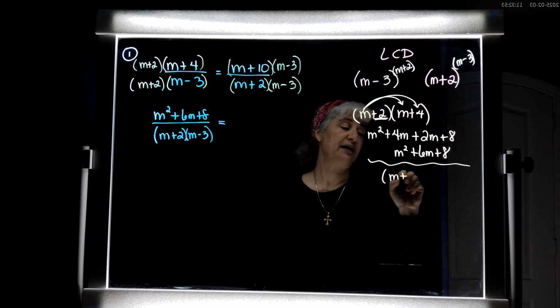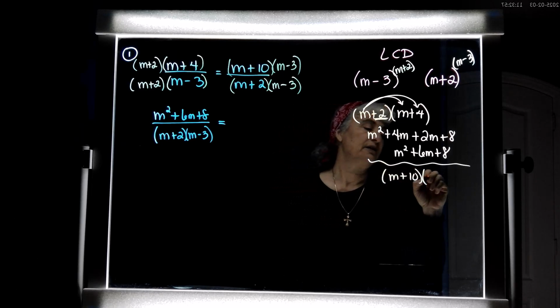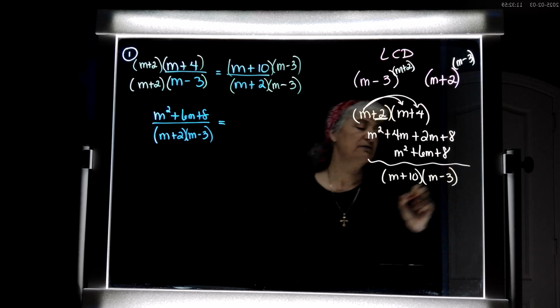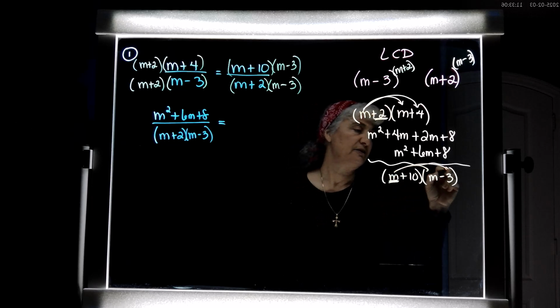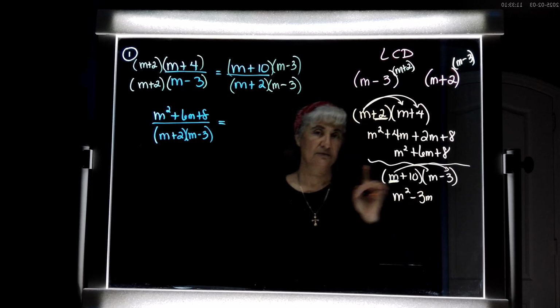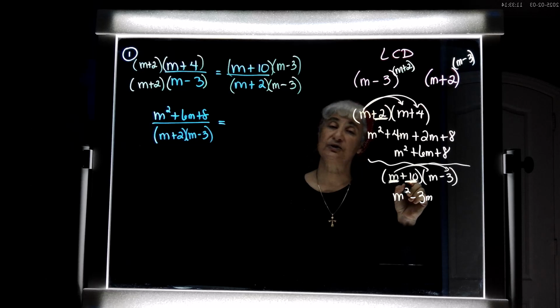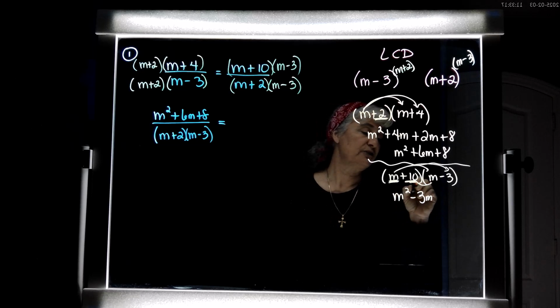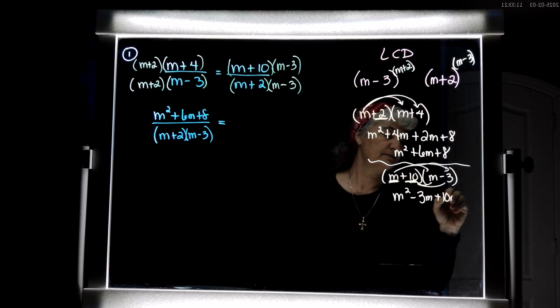We have m plus 10, the quantity, that means parentheses, times the quantity of m minus 3. Same scenario, first term in the first parenthesis gets distributed to both terms in the second parenthesis. Good. And we do the same with term number 2 in the first parenthesis. It will get distributed to both terms in the second parenthesis.